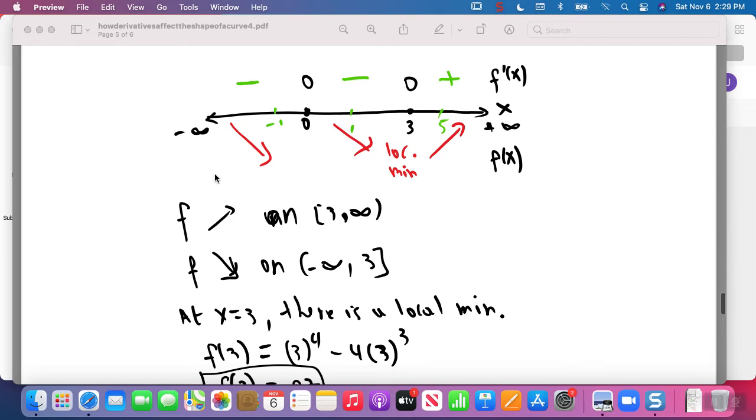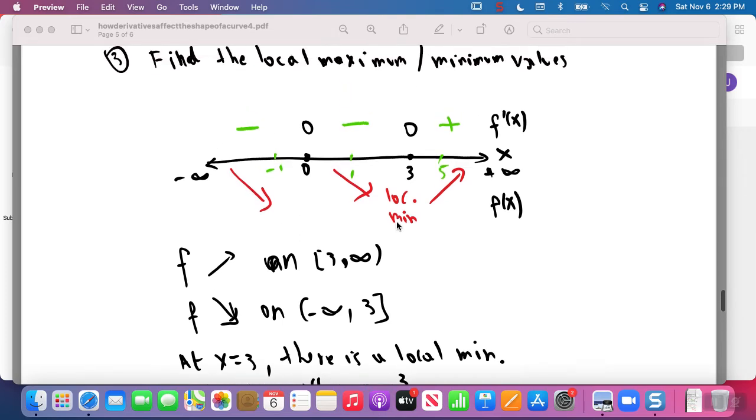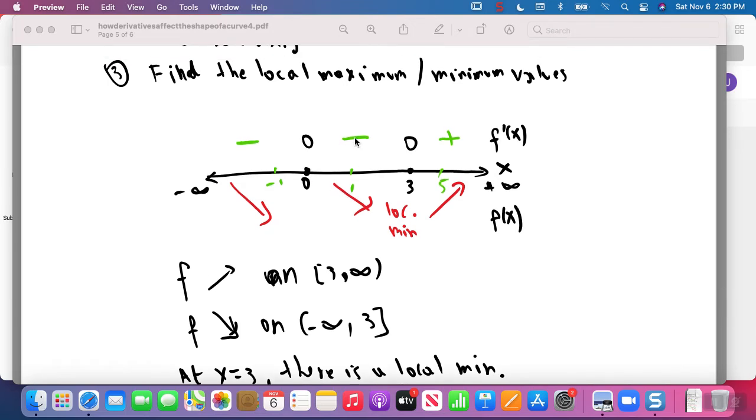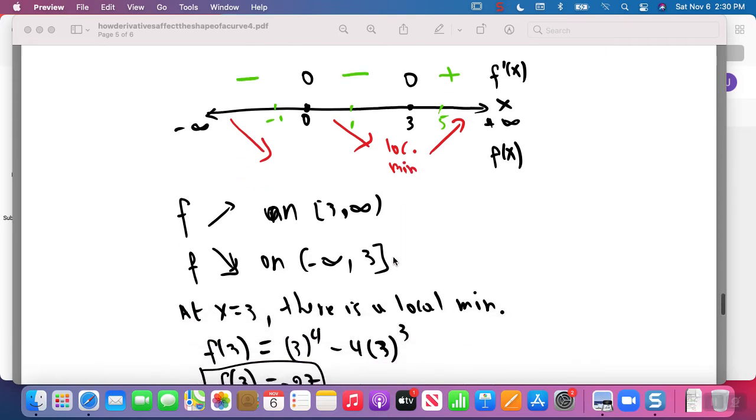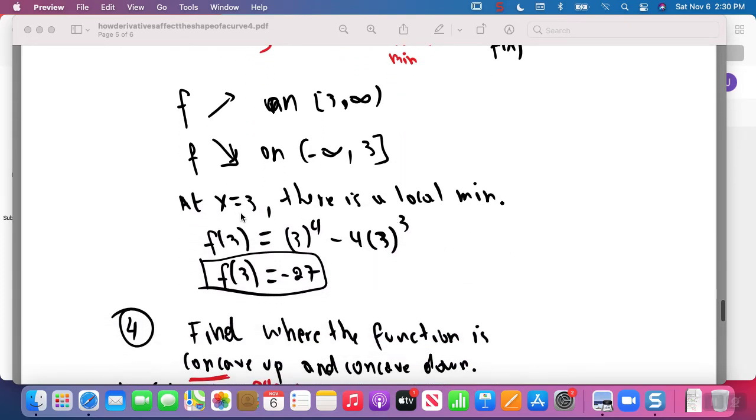Based on the first derivative test, because the first derivative is changing sign from negative to positive at x equals 3, that makes f of 3 a local minimum value. So we know at x equals 3 there is a local minimum, and that local minimum value is f of 3.